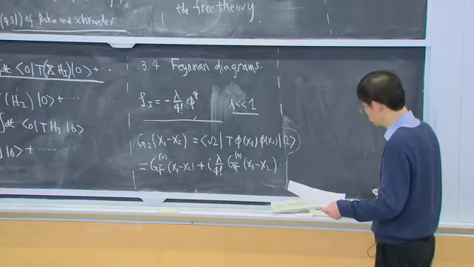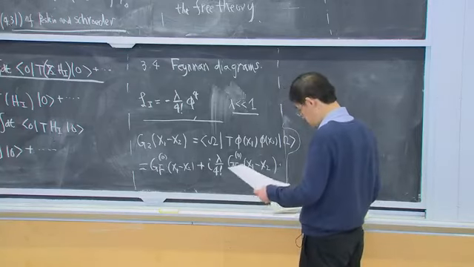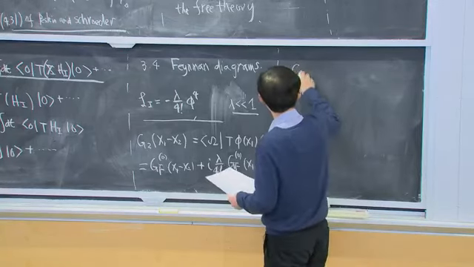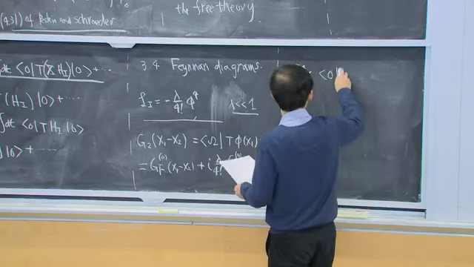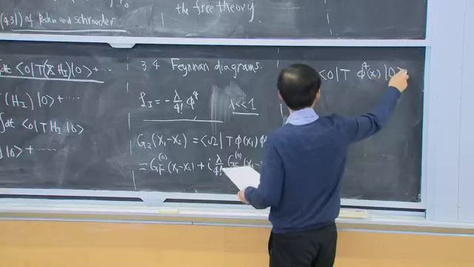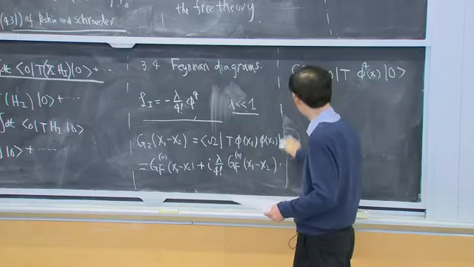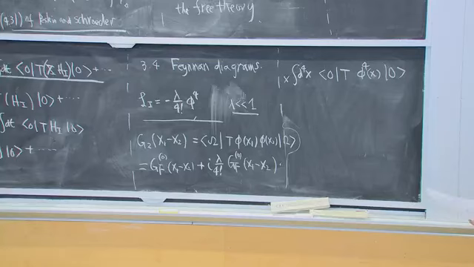Times d^4x, then ⟨0|T φ^4(x)|0⟩ here. So this is multiplied with that, and that's the second term.